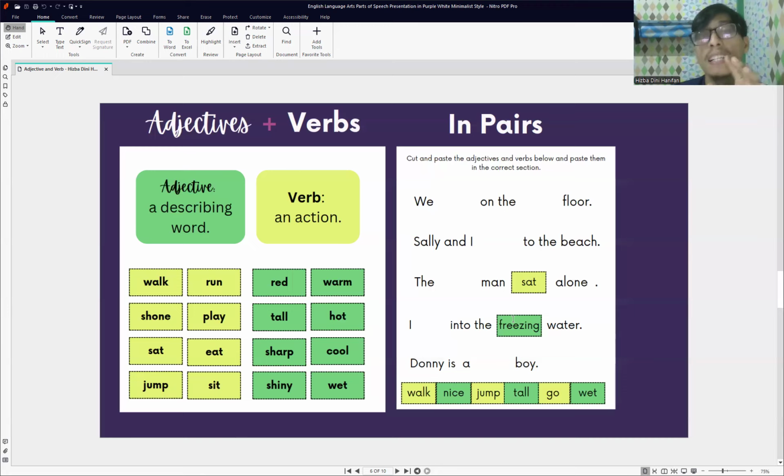The tall man sat alone. Sat as a verb. What's the previous one? A noun. So verb normally is followed by, I'm sorry, noun.